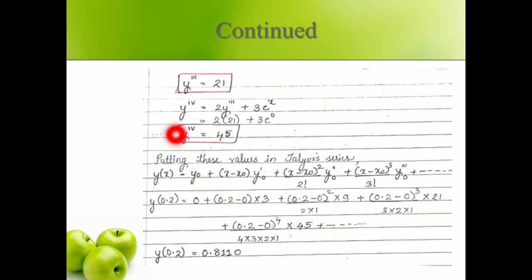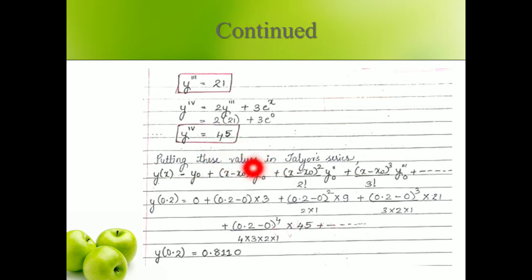Y to the power 4 will be equal to 2y triple dash plus 3 into e to the power x. Substituting the y triple dash value as 21 and x as 0, we get y to the power 4 as 45.